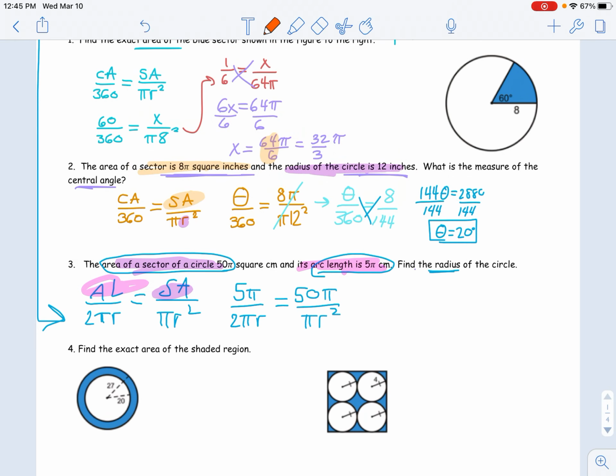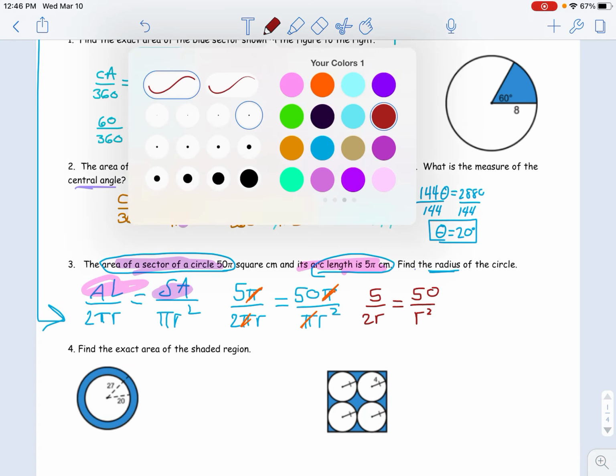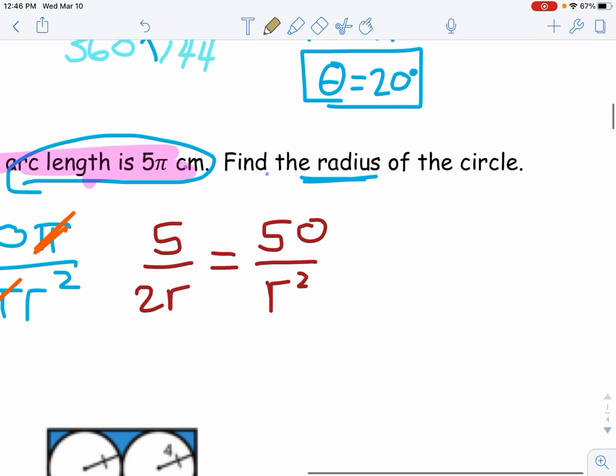Since I have pi in the numerator and denominator on both sides, I'm going to simplify that. So I have 5 over 2r equals 50 over r squared. Now, very carefully, I'm going to cross multiply. I'm going to get 5r squared equals 50 times 2, 100r.